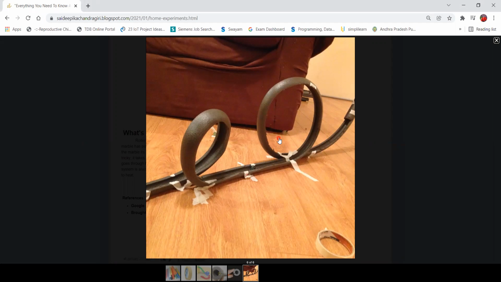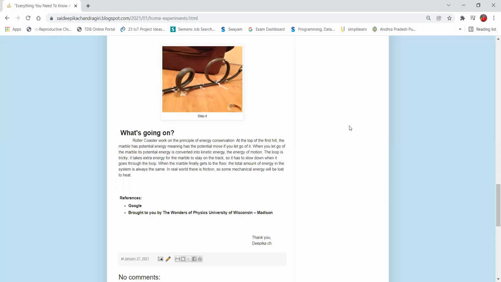When we give some external energy, it will move like this, and here it stops again, and then we have to give another external energy to move it. So it all depends upon how the external energy is given to the ball or any object placed on that roller coaster, the foam tube.